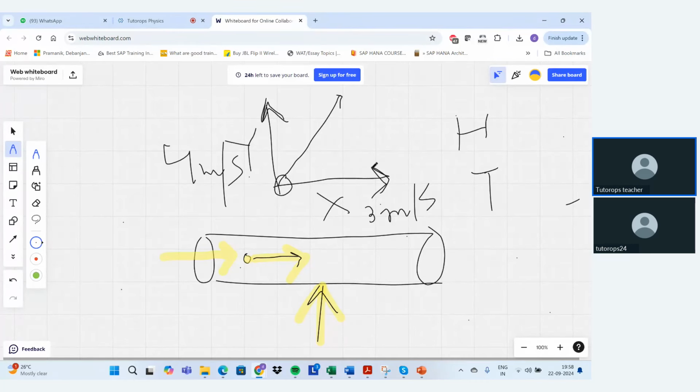For this vector, this is the head part and this is the tail part. For this vector, anyway the resultant vector, but let me call it the base vector, this is my tail and this is my head. This is the main concept of head and tail. So what we are seeing is, this is my first velocity and this is the second velocity, and accordingly this is my resultant one.